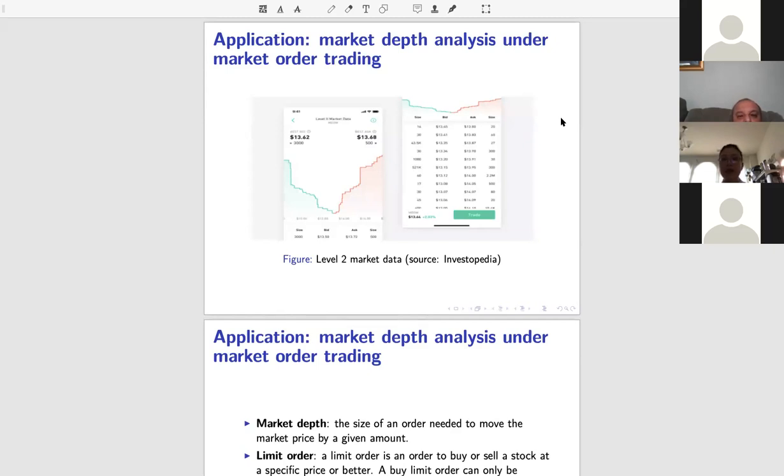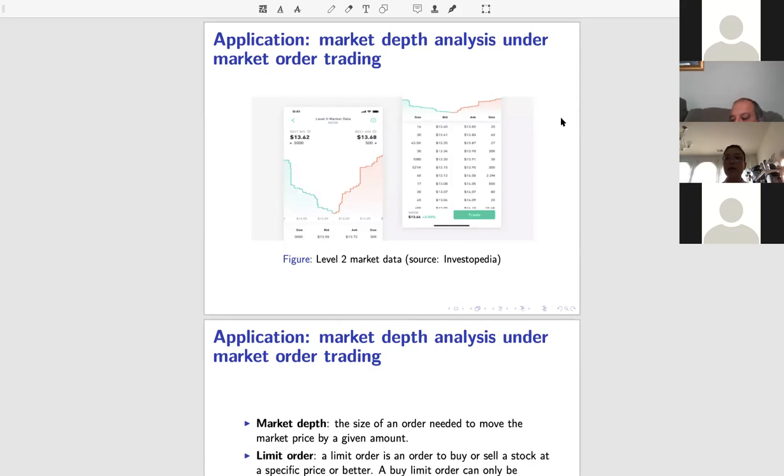On the right-hand side, we have a list of buying and selling orders at certain particular prices. These are the existing orders in the market for this particular stock.